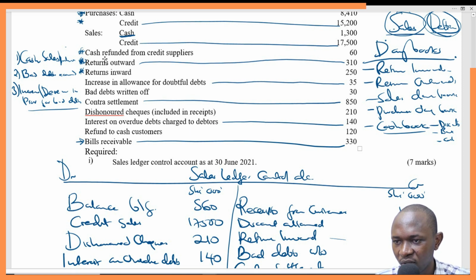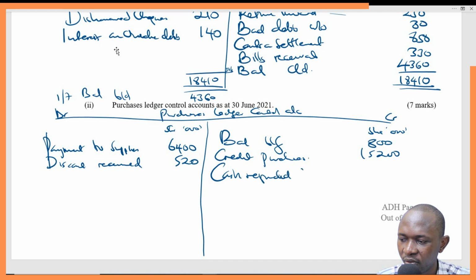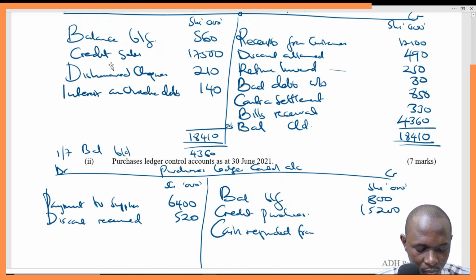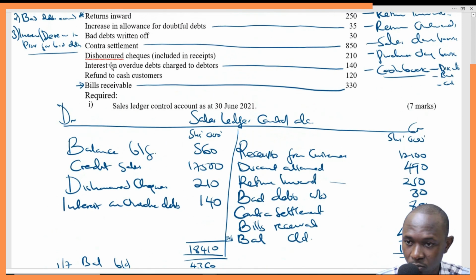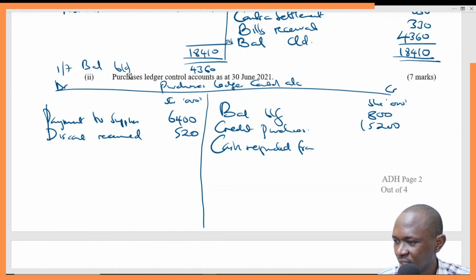So this will have the effect of increasing. Cash refunded from credit suppliers, that is 60.